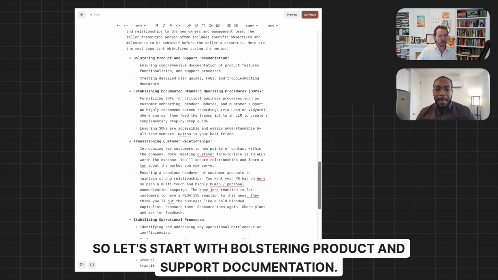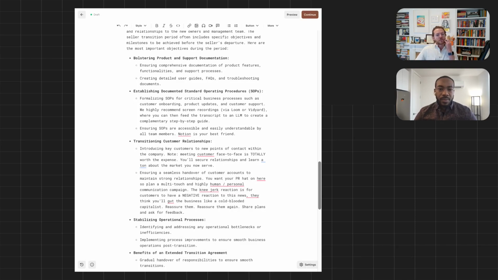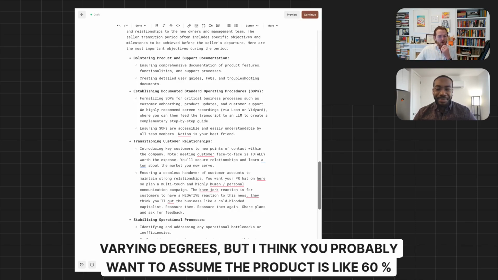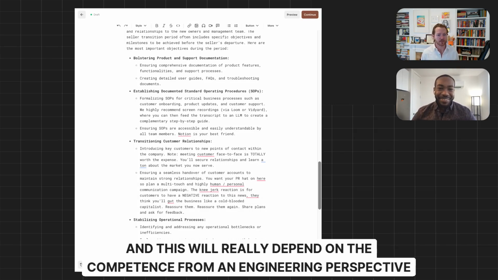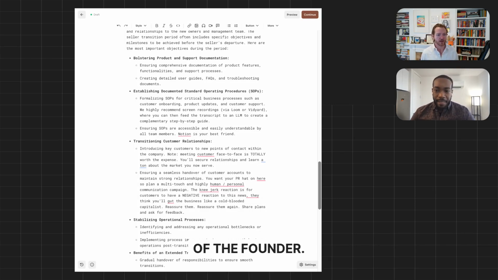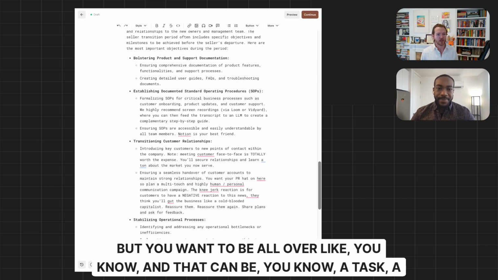So let's start with bolstering product and support documentation. This one is at varying degrees, but I think you probably want to assume the product is like 60% documented, maybe. Maybe 40%. Maybe 40% at best. And this will really depend on the competence from an engineering perspective of the founder. But you want to be all over that, and that can be a task, a job.